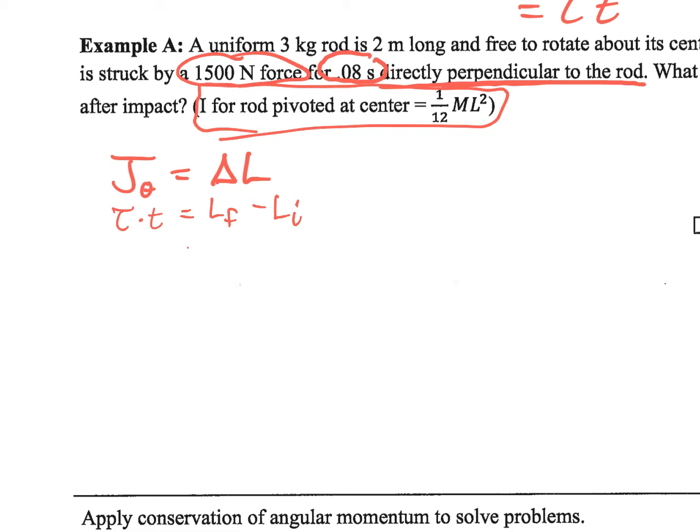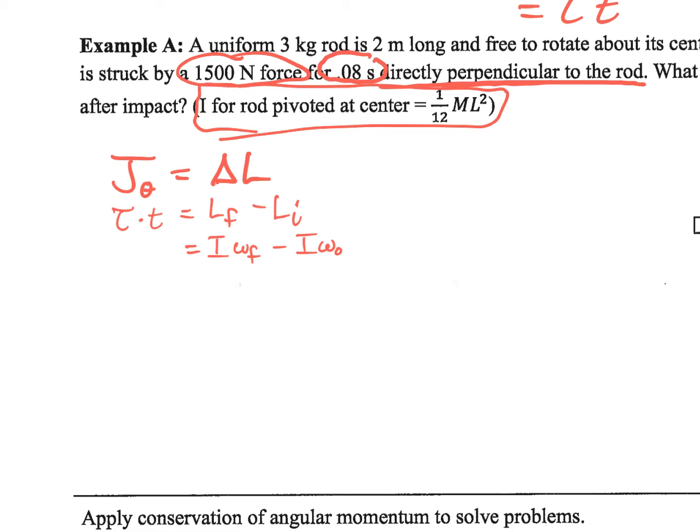Well, guys, what's the formula for L? I omega. It is I omega. So this is I omega final minus I omega initial, isn't it? Now, how do I know the I is still the same for both of those?